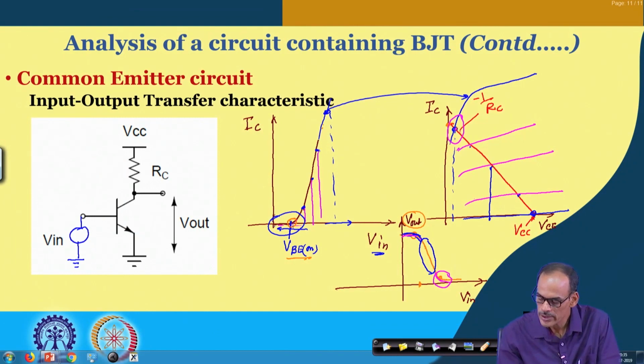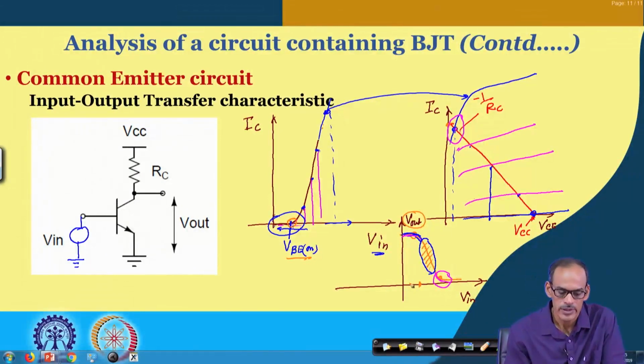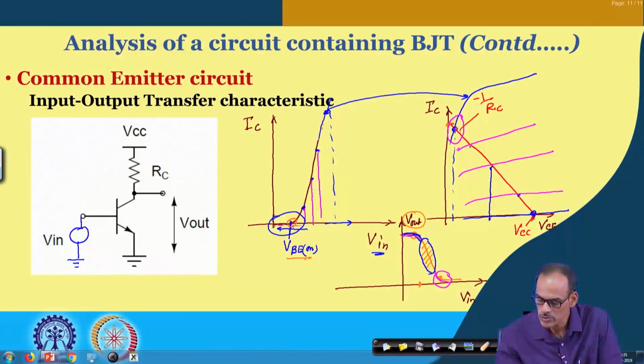In the middle we get a fairly good linear part. So, whenever we consider this circuit as an amplifier, we like to keep the device in this middle portion, preferably with respect to a middle point here, and the input will be varying with respect to that. We should avoid this part and this part where the signal is getting clipped.